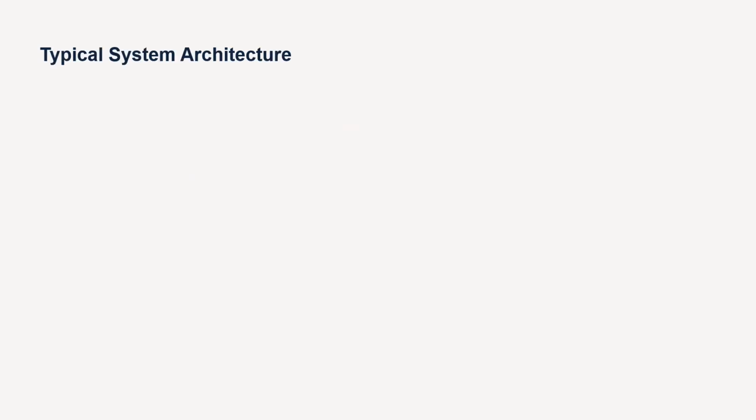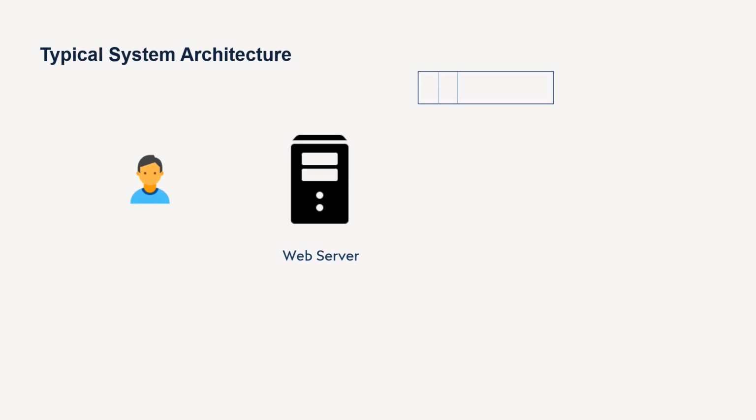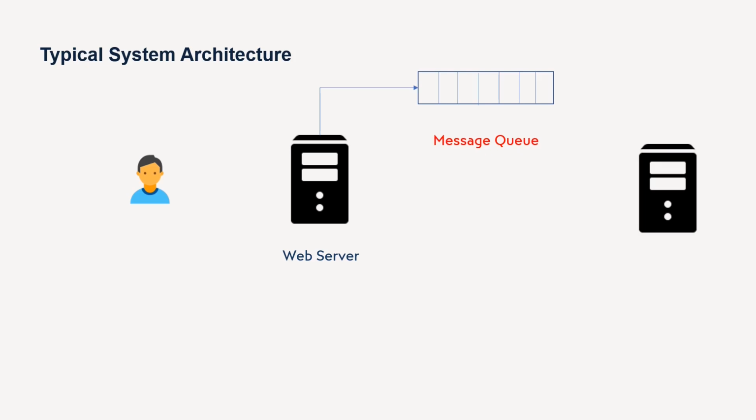So now let us understand one typical example, a setup where we have a message queue, and then we have the web server or the processing server. Whatever request comes in, it comes to the front-end web server. This web server will receive all the requests from the client, but it will not process them right away. It will persist these requests into the message queue, right?